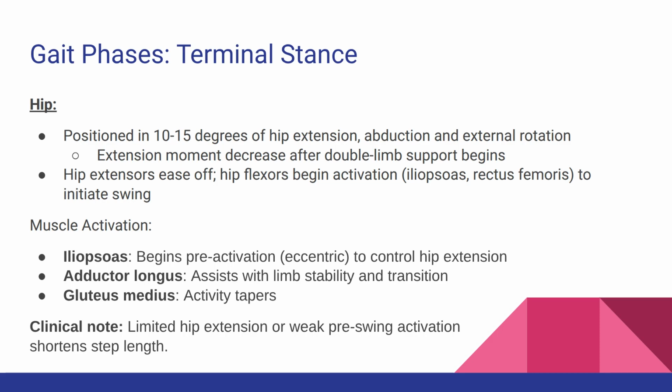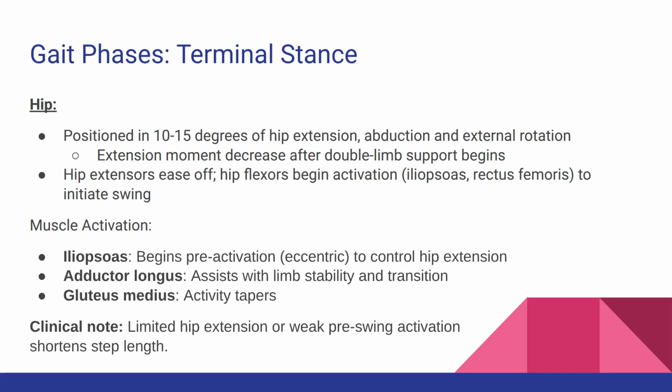This eccentric activity is essential for controlling the rate of hip extension and storing elastic energy for the upcoming swing phase. The rectus femoris also begins to activate, contributing to both hip control and preparation for knee flexion control during pre-swing.